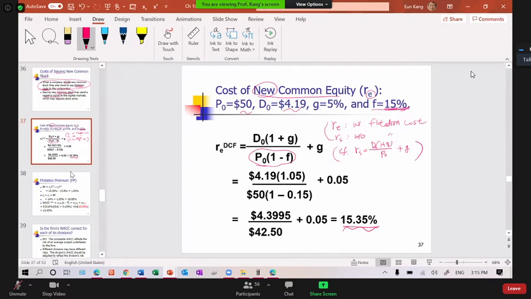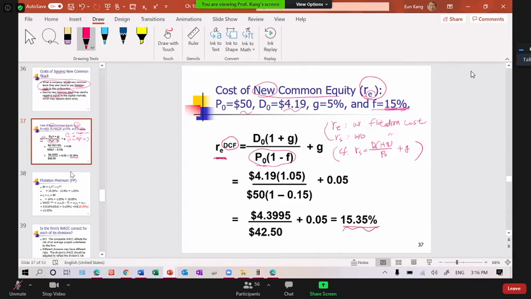So this is our cost of equity, but don't forget this one. We are solving for RE, but that is RE based on DCF. That's important because for calculating RS, we had 3 ways. First way is CAPM, second way DCF, third way bond yield plus risk premium, right?